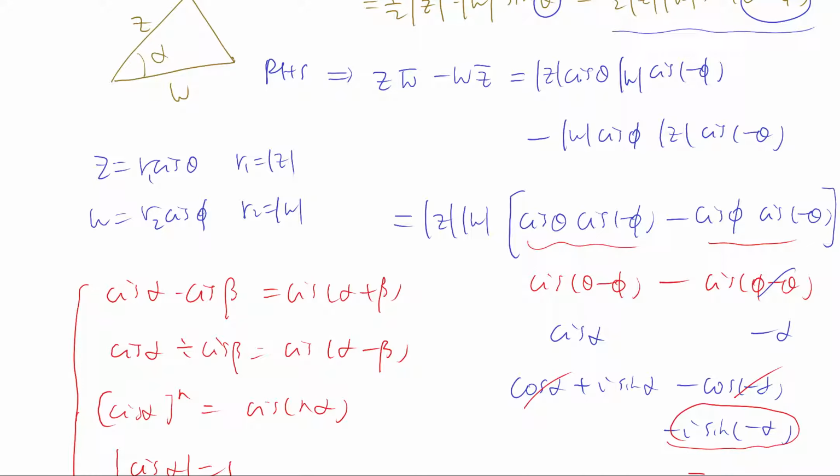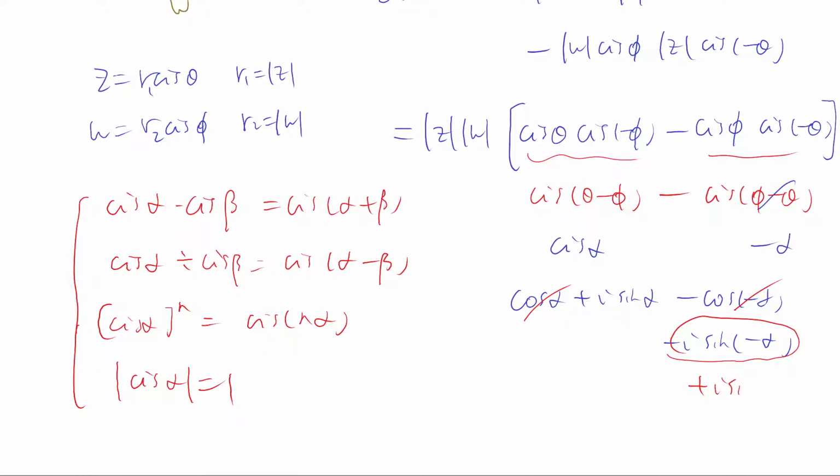Minus minus becomes plus i sine alpha. Plus i sine alpha plus i sine alpha, that's 2i sine alpha. So that becomes |Z||W| times 2i sine alpha. Alpha is just theta minus phi.